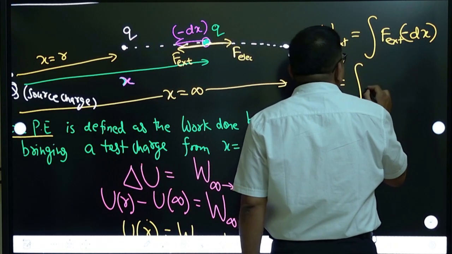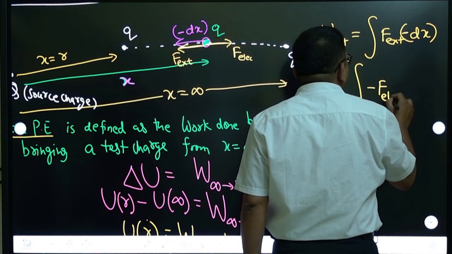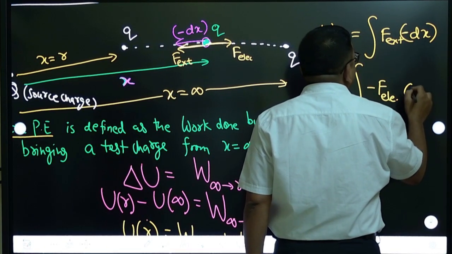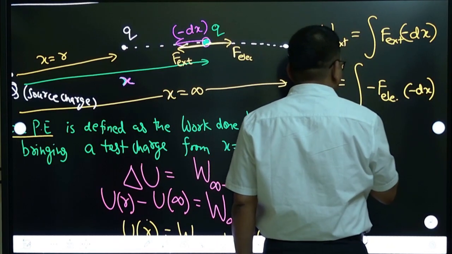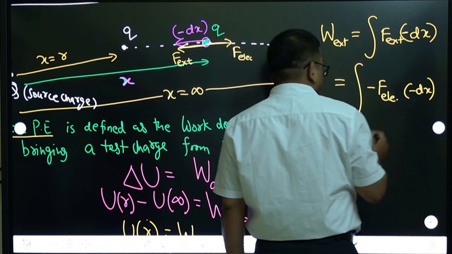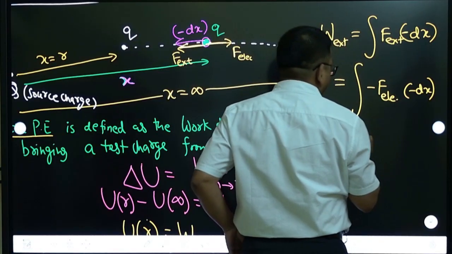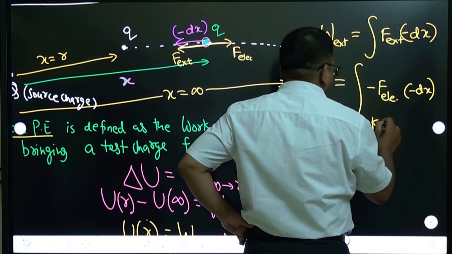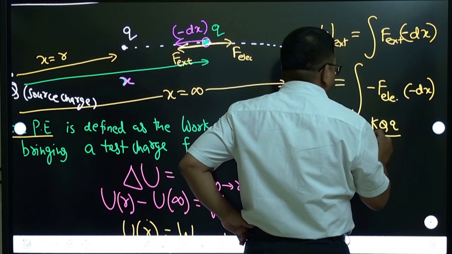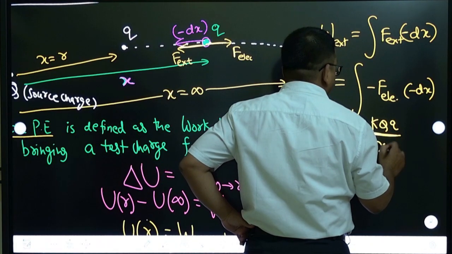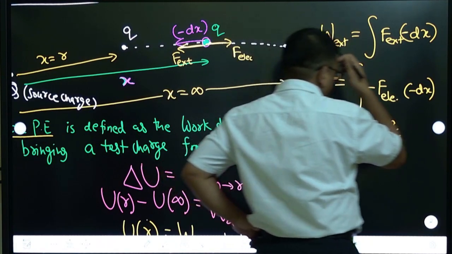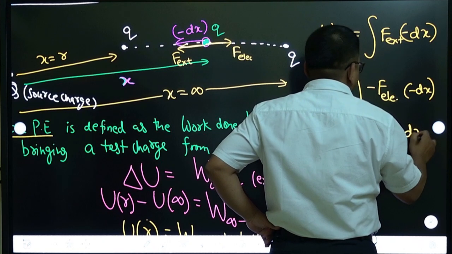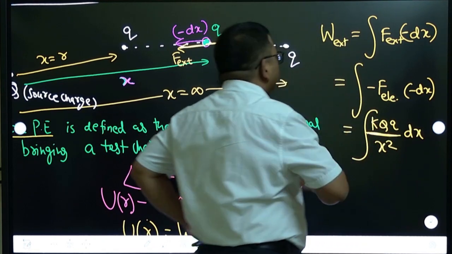So both minus signs, minus minus, become plus, right? And for the electrostatic force formula, you write kqq by x square, and that is dx, and integration of this.